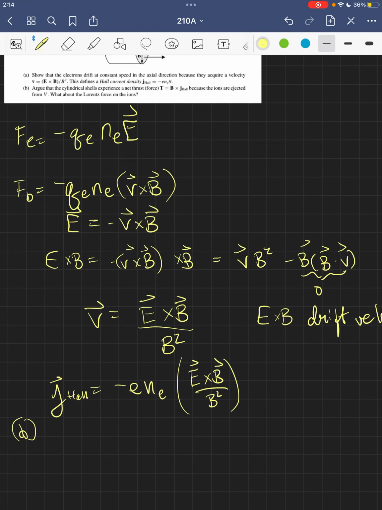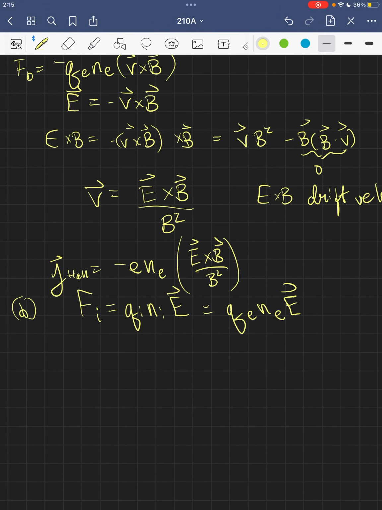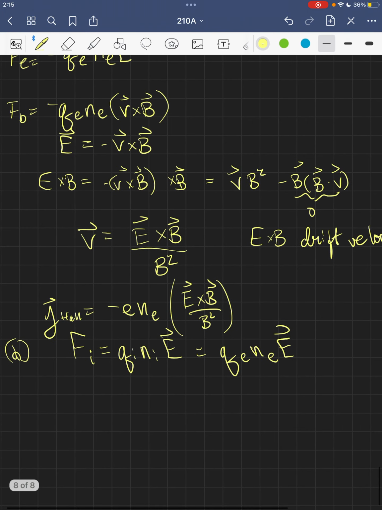So we want to look at the force from part A. The ion force would be the charge of the ion times the density of the ion, the force density, times E. But we know this is also equal to q_e n_e times E. The forces of the ions being ejected are going to be equal and opposite to the force acting on the electrons.